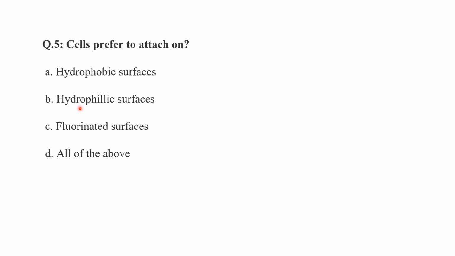But nowadays these polystyrene cell culture plates are treated with poly-lysine, which gives a negative charge and also a hydrophilic environment, so the cells attach to it. So the answer is hydrophilic surfaces.